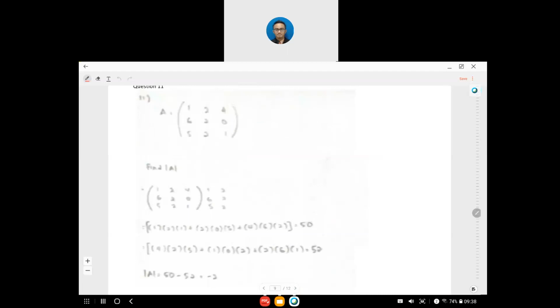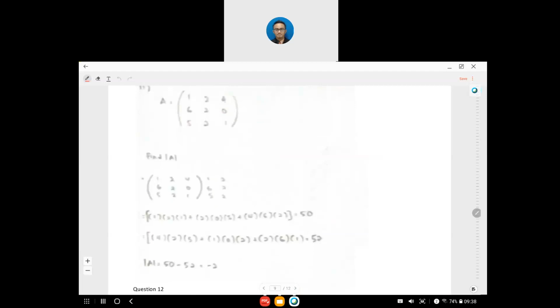Question 11. Question 11, you want to find the determinant for matrix A. It does not mention which method to use, so you can choose either one, whether you want to find it using extended columns of the matrix, or you want to use the cofactor method.